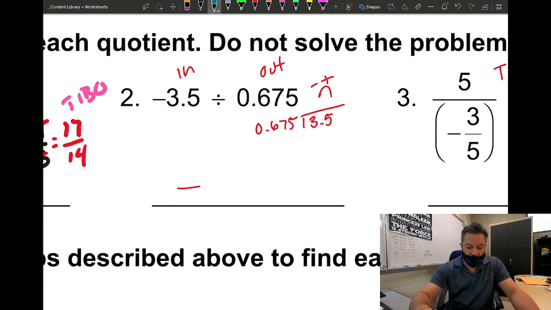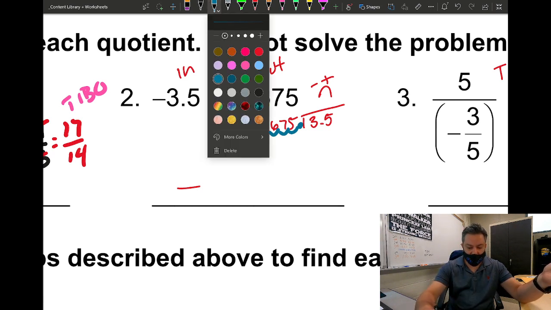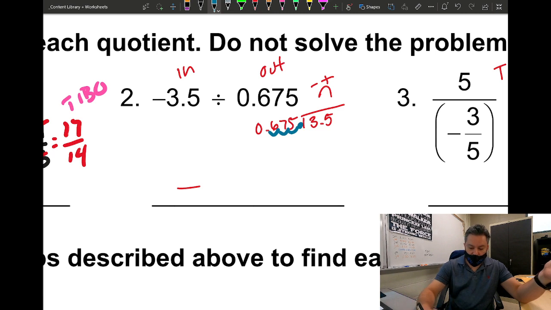So what we're going to do is move the decimal all the way to the door, to the edge of the house, right? So we're going to move 1, 2, 3 places, and it's now right here. But if you modify the outside, don't you think you need to modify the inside as well? Of course you do. So we're going to take this decimal and move 1, 2, 3 and put it right here.